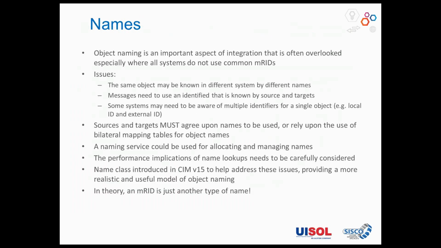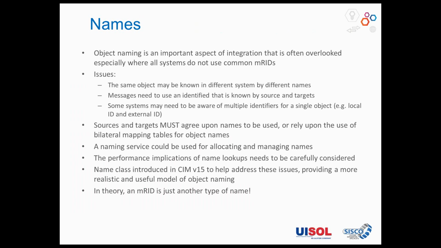Okay, so now we're down to names. This is the only topic that we tried to tackle in here. I'm not saying that there aren't other topics that we need to tackle in terms of integration, but we will do those in future editions if necessary. But for this one, we did this because we were actually implementing at a utility, and they needed to have 10 different names for their meters.